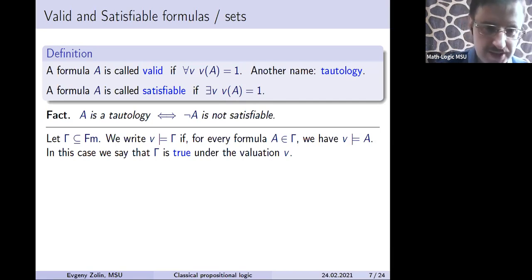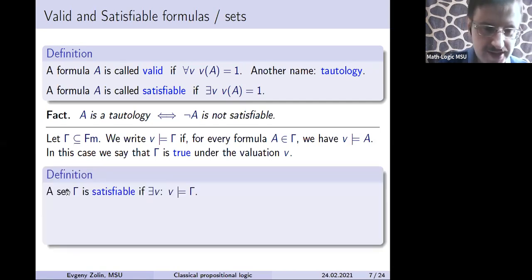But satisfiability is extended to sets of formulas. This is a non-trivial notion. A set of formulas is satisfiable if there is a valuation for which all formulas from gamma are true. So we need to have one valuation that makes all formulas true. So that is a notion of the kind there exists, for all.